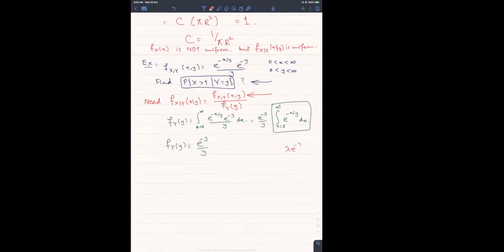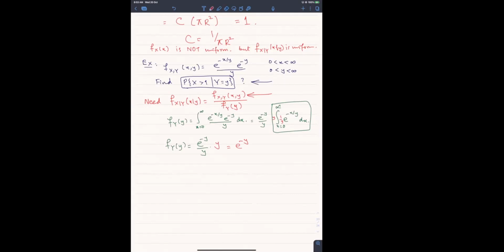Lambda e to the minus lambda x, where lambda is equal to 1 over y. तो ये वाला लैम्डा मिसिंग है, तो एक 1 over y से यहाँ पे मल्टीप्लाई कर देते हैं और एक 1 over y से डिवाइड कर देते हैं. सो ये अब जो इंटीग्रल के अंदर चीज है वो 1 बन जाएगी और ये एक y हमारे पास आ जाएगा. सो दिस वुड बी इक्वल टू e to the minus y. वेरी नाइस. देखें, कुछ इंटीग्रेशन करने की जरूरत नहीं पड़ी.